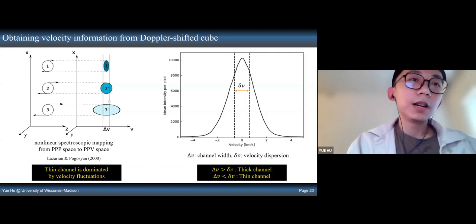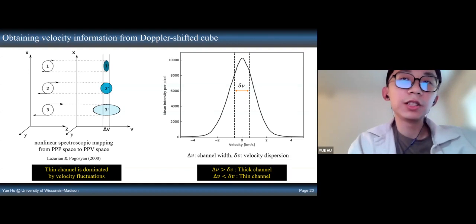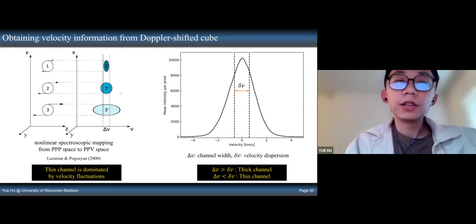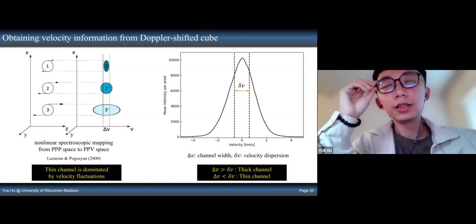According to the theory by Lazarian and Pogosyan in 2000, when the channel width, or the velocity resolution of the emission line, is very narrow, smaller than the velocity dispersion, the observed intensity structure in the emission line cube is dominated by velocity fluctuations.